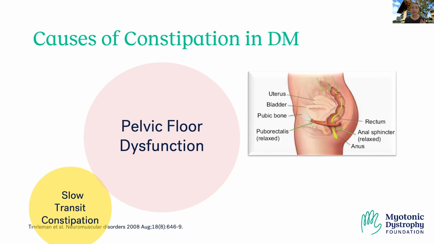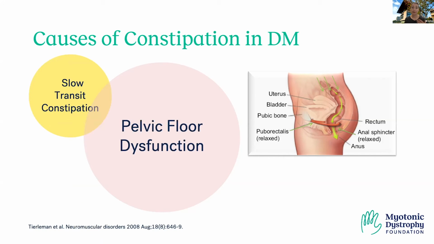But also, it seems that in 25% of our patients with myotonic dystrophy, there's also some degree of abnormal contractions in the colon, what we call slow transit constipation, that is sometimes overlapping with the pelvic floor dysfunction. Also, there is a group of our patients with myotonic dystrophy who have irritable bowel syndrome with constipation-predominant symptoms.